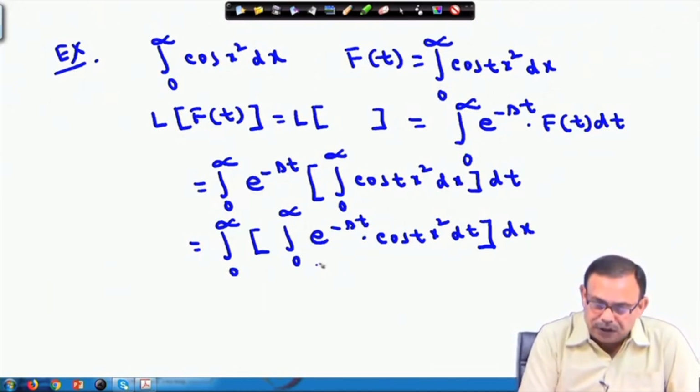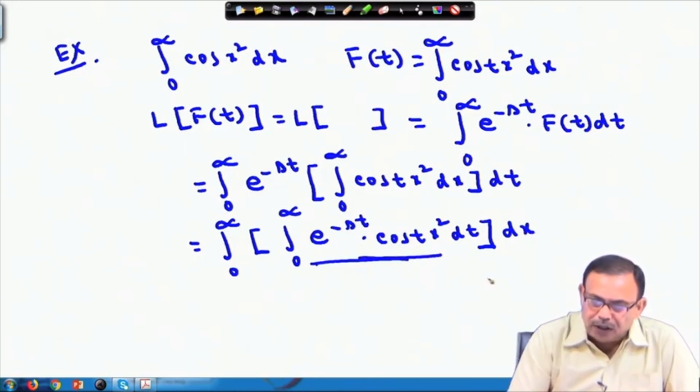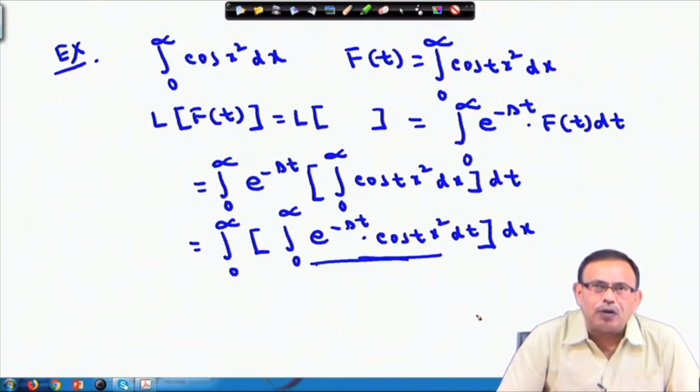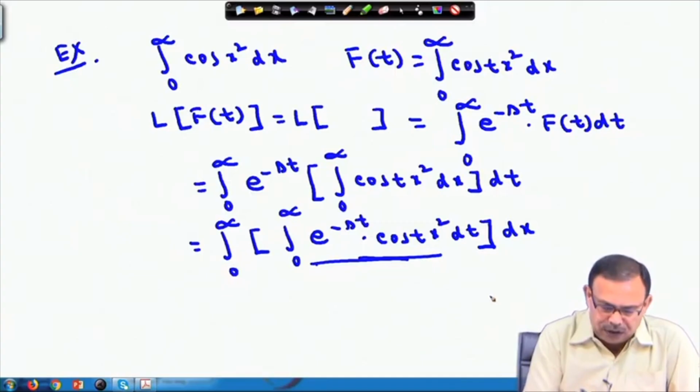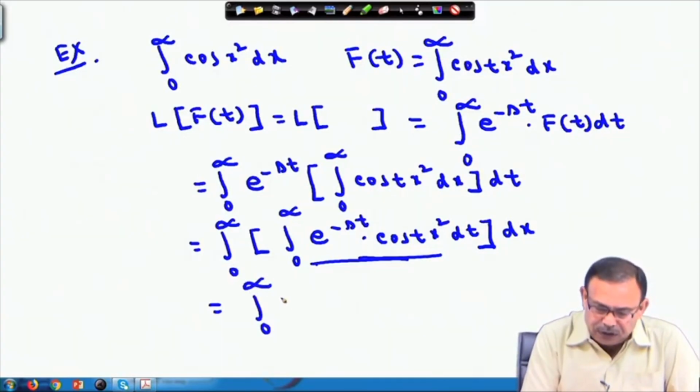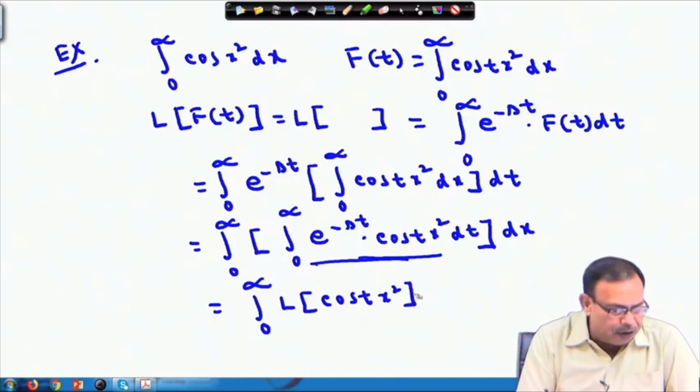This integral is nothing but the Laplace transform of cos of t x square from the definition. The Laplace transform of cos of t x square is the integral from 0 to infinity of e power minus s t into cos of t x square dt. So you can write it as the integral from 0 to infinity of the Laplace transform of cos of t x square into dx.